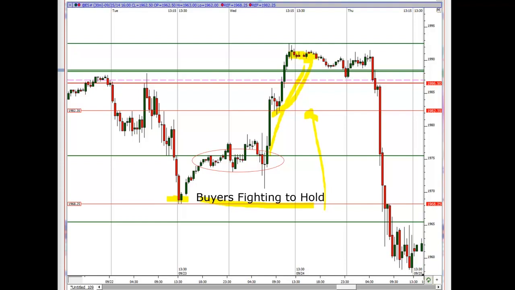But take a look at what happens. We come back down, and here's my 82 line, and we pierce right through it again the second time. This time, take a look at the force of selling activity. And on this second retest, the sellers really now begin to dominate the auction.